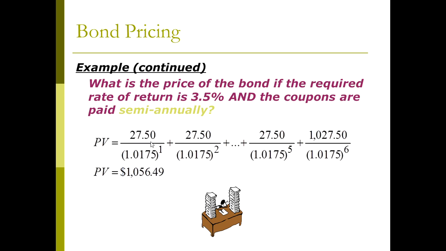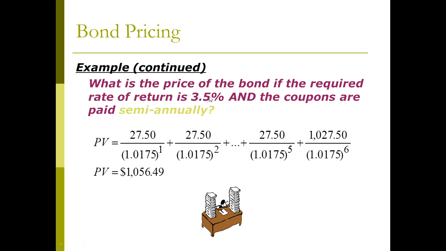Every 6 months, you receive $27.5. Okay? So in 3 years, remember this bond has a maturity of 3 years. How many 6 months we have in 3 years? 6 months, right? Each year we have 2 6 months.